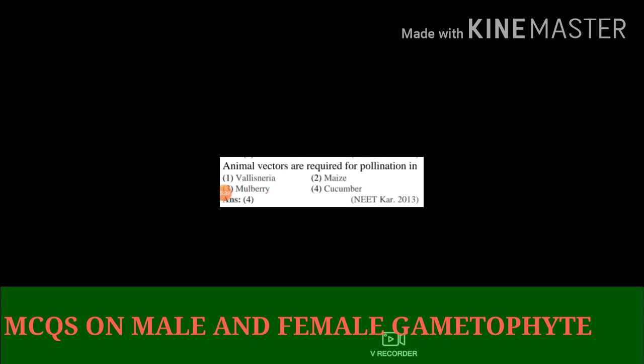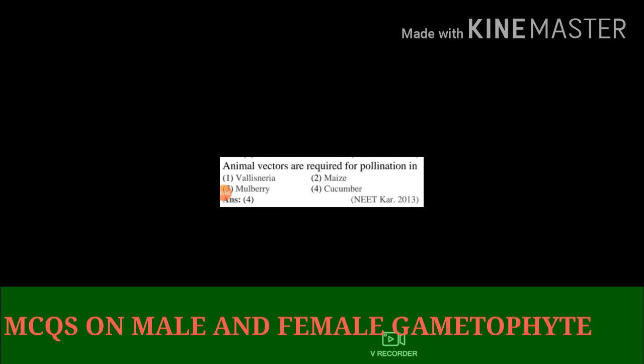Next question asked in Karnataka NEET 2013. Animal factors are required for pollination in. Here the question is related to pollination, that is, different types of biotic factors, that means insect, butterfly or any other factors, are required for pollination, and which of the following is required to pollinate by animal.